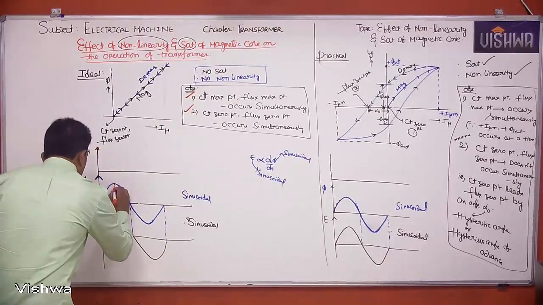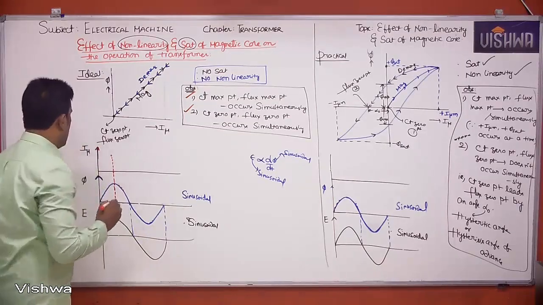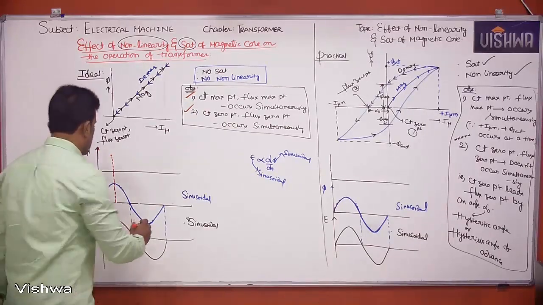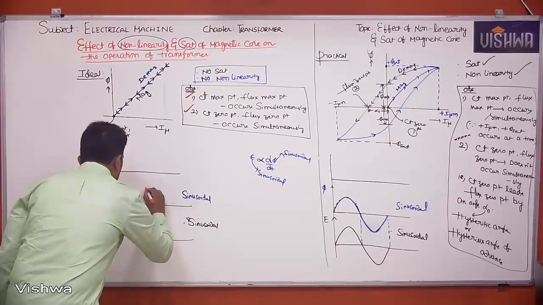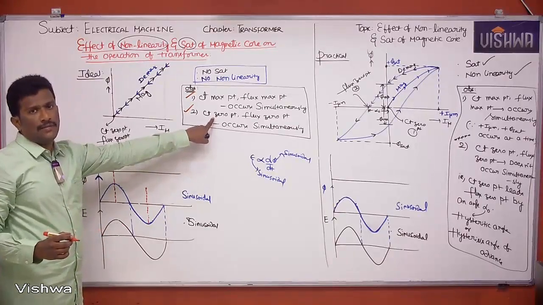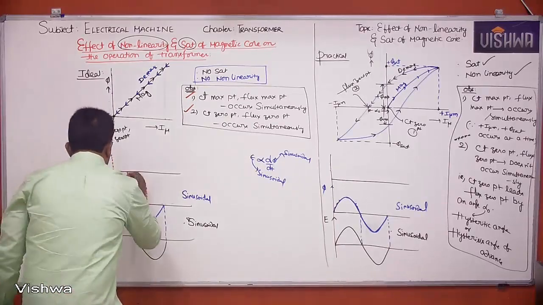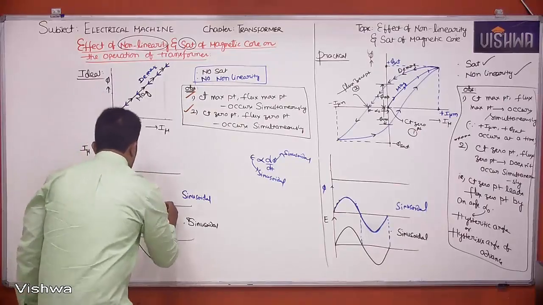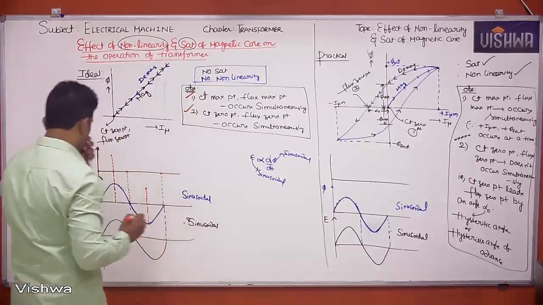This is the maximum point of your flux, so the current maximum occurs here, and this is the negative max of your flux and the negative max of your current. Current zero point and flux zero point occur simultaneously. This is the flux zero point, so here is the current zero point.